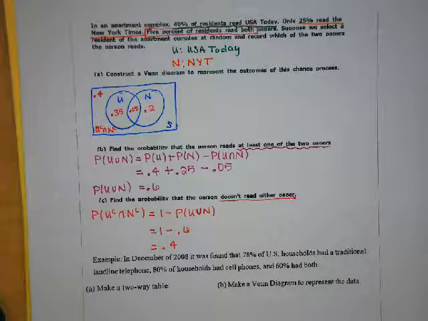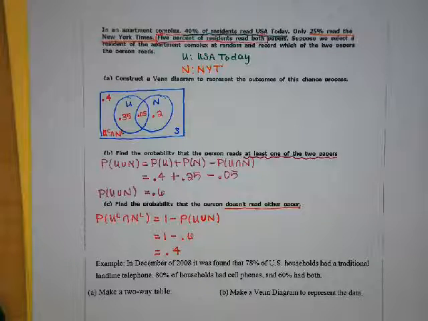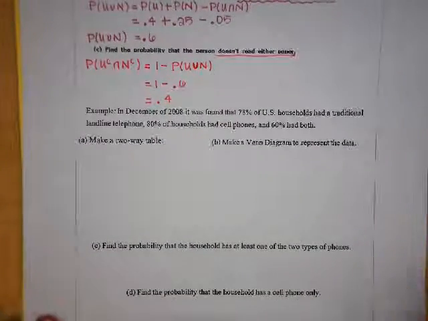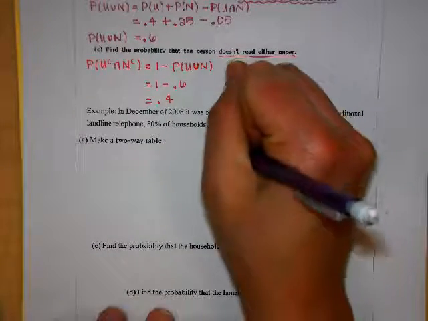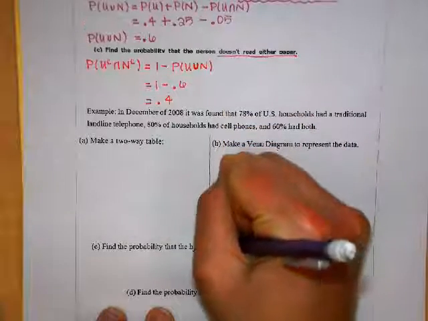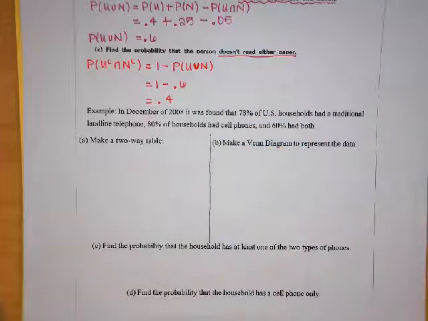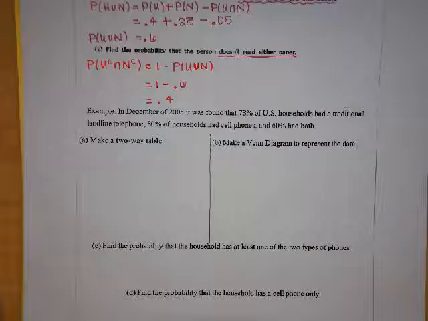No? All right. So like I said on this last one, we're going to do both a two-way table and a Venn diagram, just to kind of show you that you can do either when you're given the information. This example says that in December of 2008, it was found that 78% of U.S. households had a traditional landline telephone.